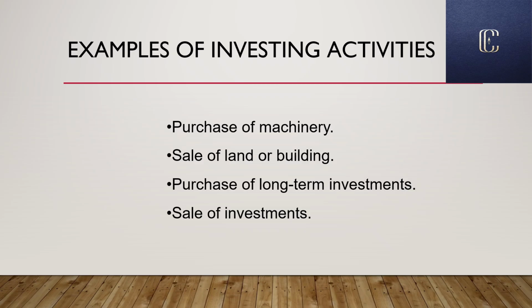For example, an investment sold for rupees 1,50,000 leads to a cash increase. Investing activities deal only with long-term assets, not daily operations. Examples of long-term assets are machinery, land and building, equipment, long-term investments, and vehicles used in business.